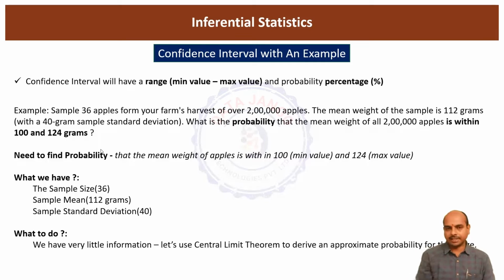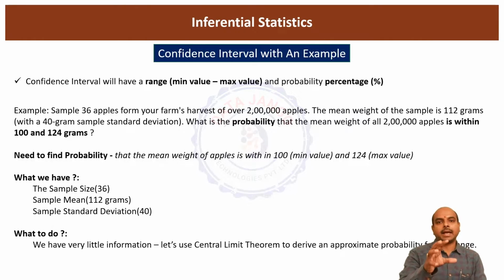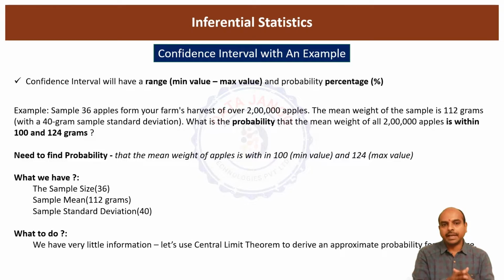What do I mean by standard deviation? When you take any random apple from the 36 apples, it's going to be around 40 grams far from the mean. It's an approximate number. You shouldn't be taking that seriously. That means when you take an apple from this 36 apple sample, the weight of the apple may be between 112 minus 40 and 112 plus 40, 72 and 152.